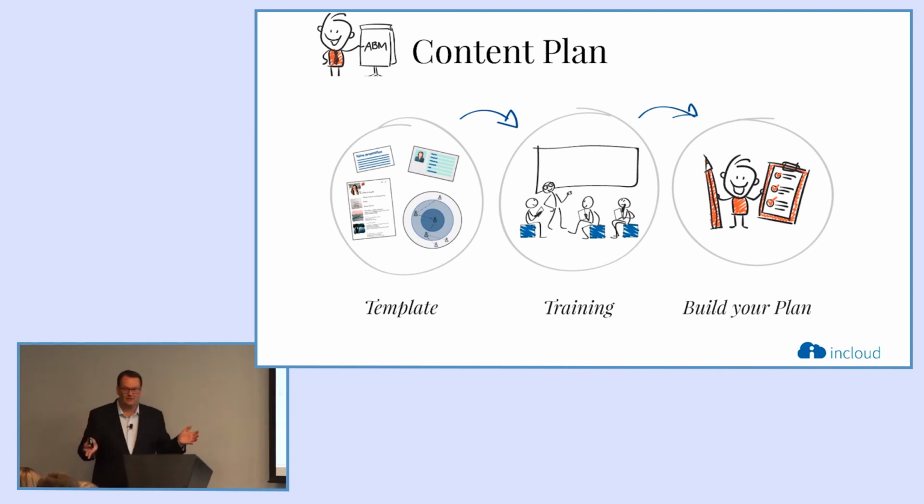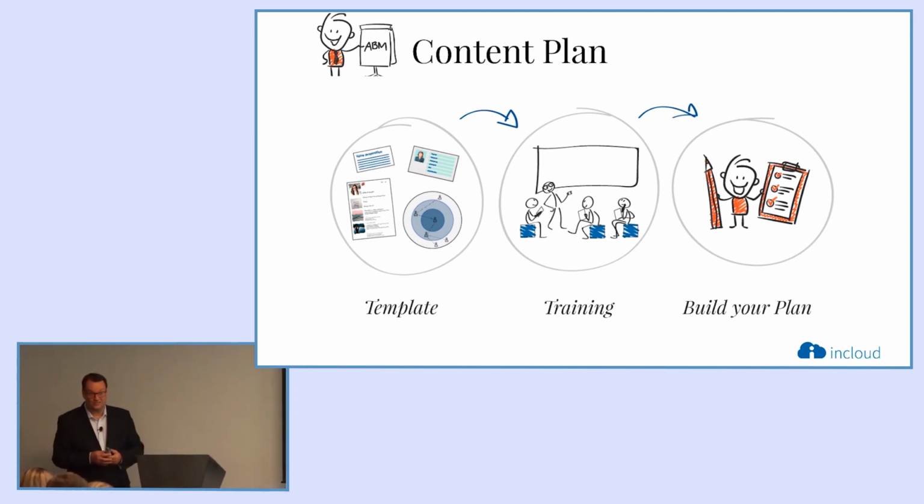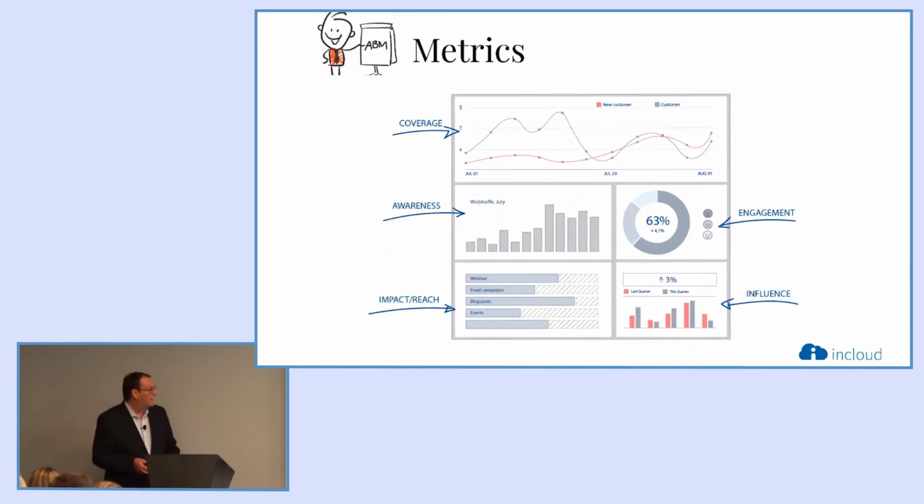After you've built this plan and you've got your playbook, you're able to actually start implementing it into your content, right? And the goal here at the end, obviously, is how are we going to measure all this? How are we going to pull this all together? And what are the areas that we're going to look at?